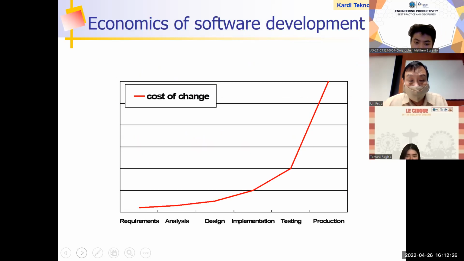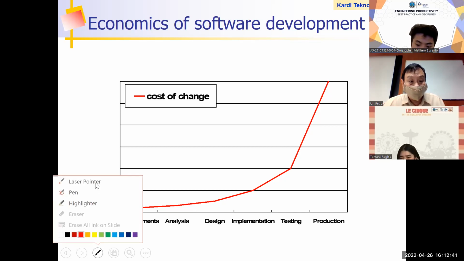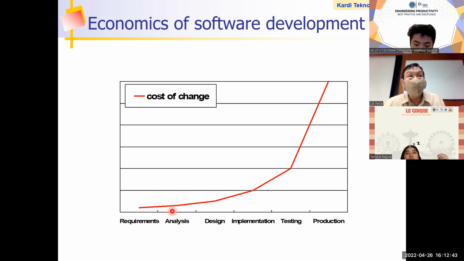So remember, this is the cost of change in different stages. If the change is in requirements, then it's very small. If the change is during the analysis stage, then a little bit bigger. If the change is in the design stage, it becomes bigger. Implementation becomes much bigger. After testing, if you make a change, that becomes very big.